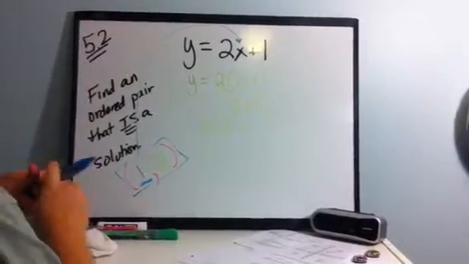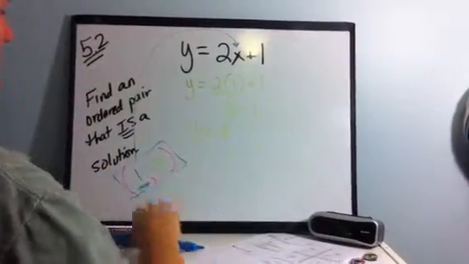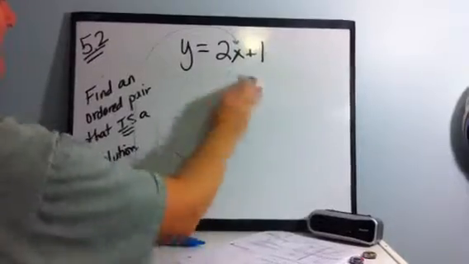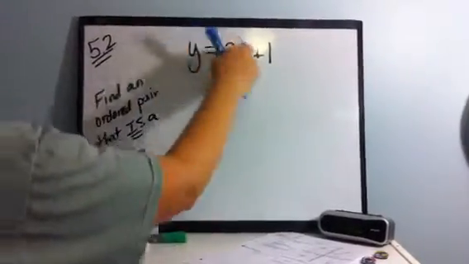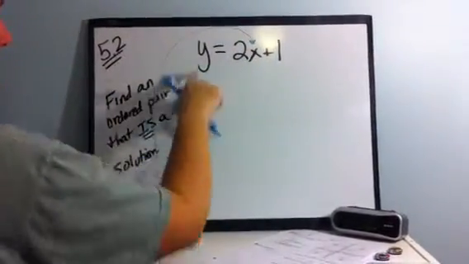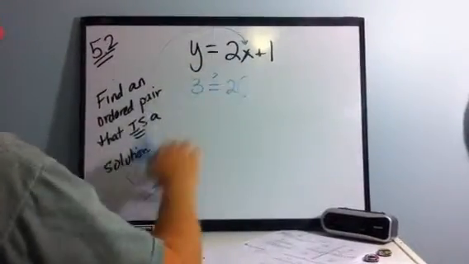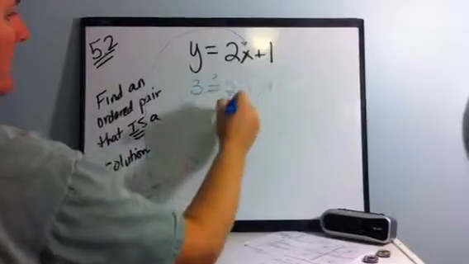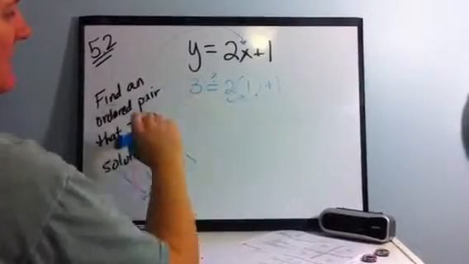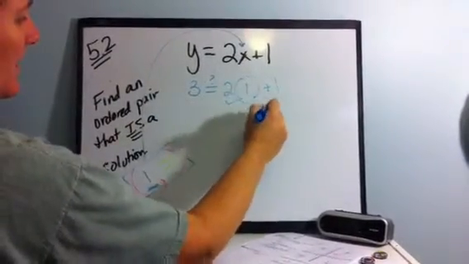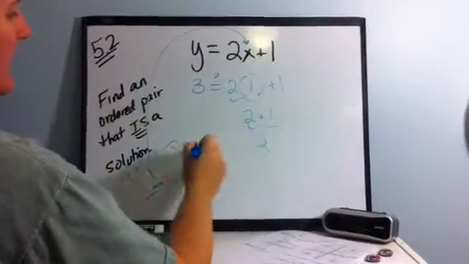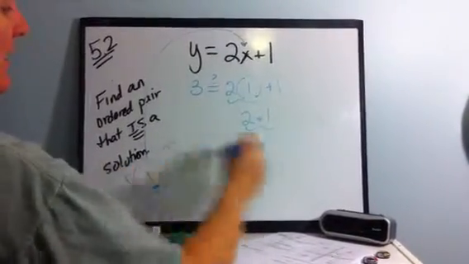I don't know. So let's check it. So if I were to plug in, let me erase this now and prove it to you that this does work. So plug in, my y is going to be 3. Does that equal 2 times my 1? So does this side equal this side? 2 times 1 is 2, plus 1, well that side's 3, this side's 3, and yes, they are equal.